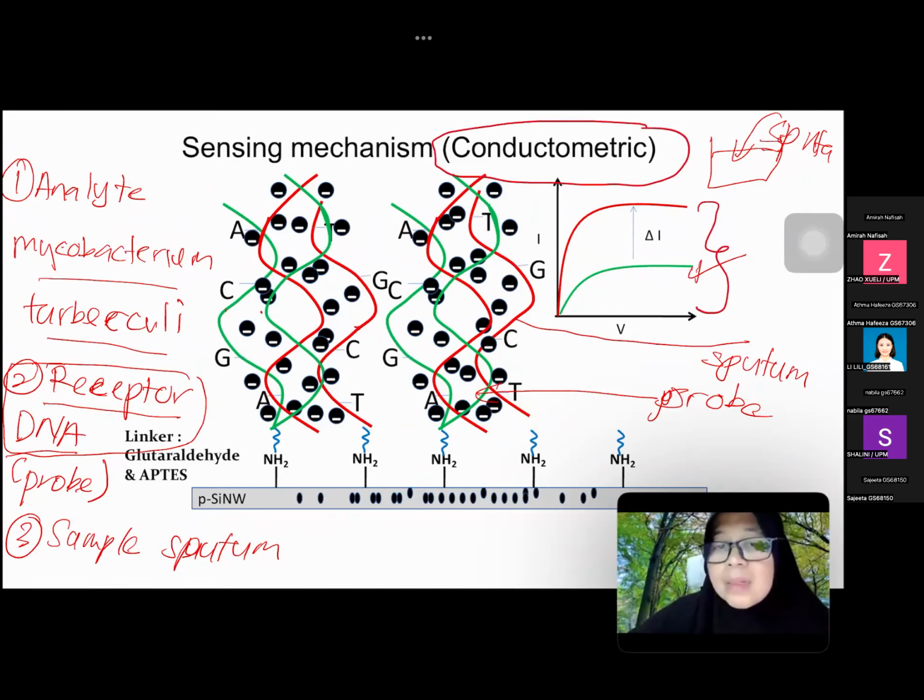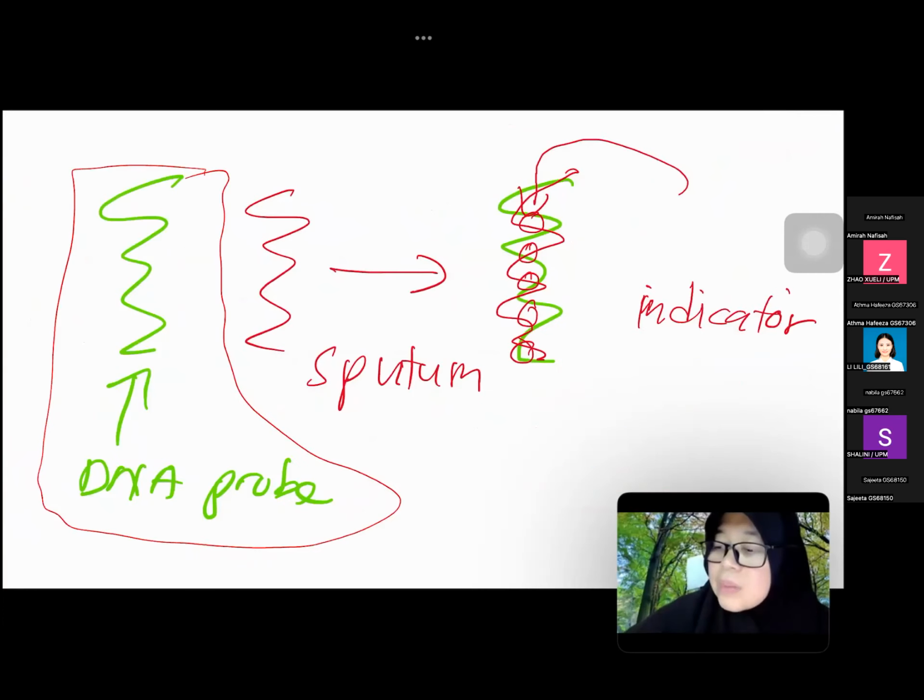Okay, it means that there is no interaction yet. So it's a baseline reading. Now I start to put my DNA from the sputum, and they start to interact, forming a double helix structure. It seems that it has a 100% match.